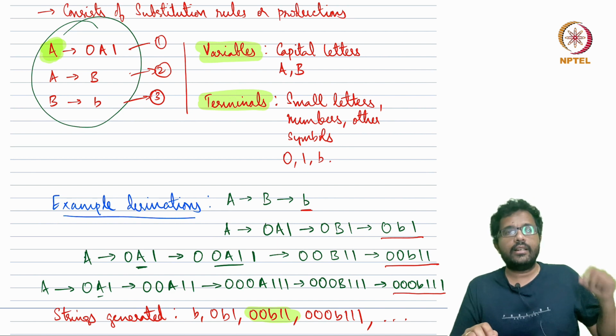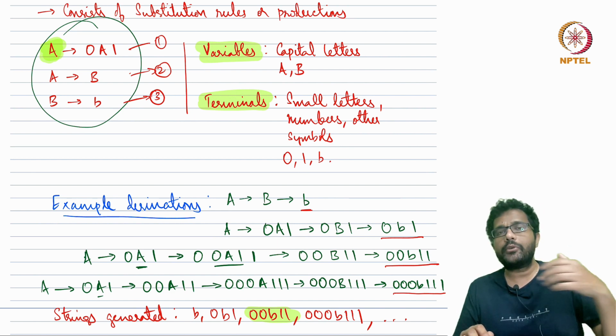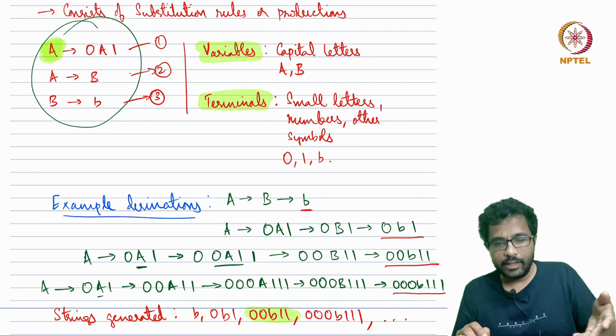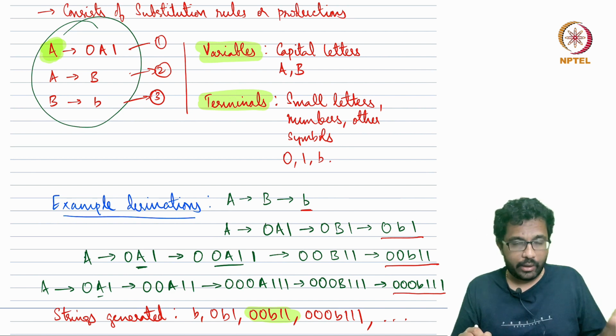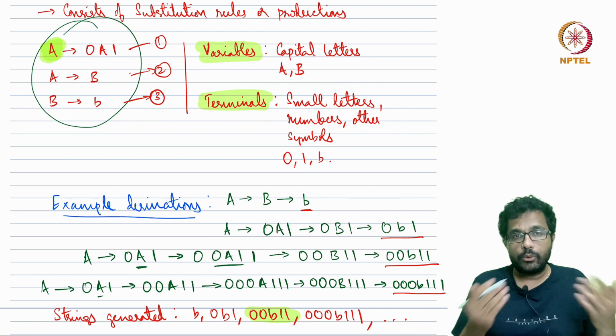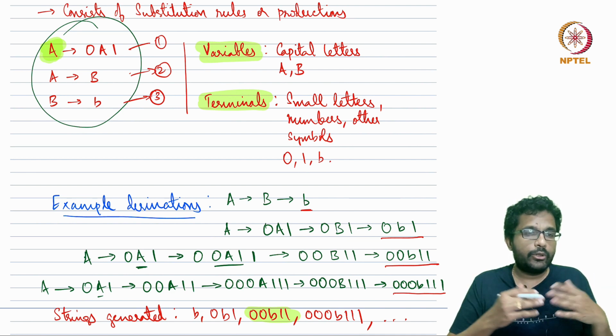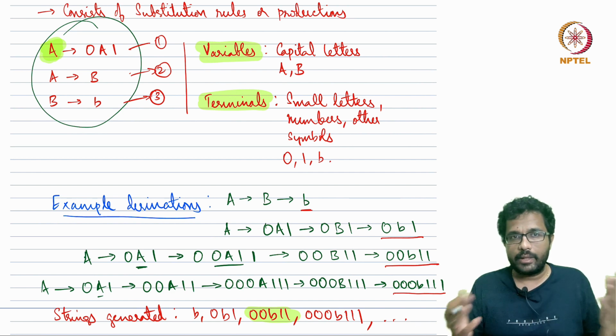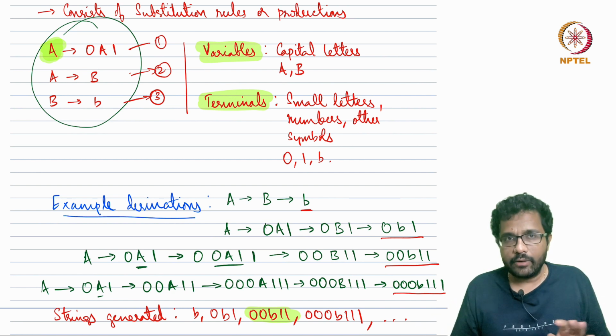A rule is one variable and what to replace that variable with. The variable can be replaced by another variable, by one terminal, by two terminals, by two variables, or by a combination of variables and terminals. It could be any of these.